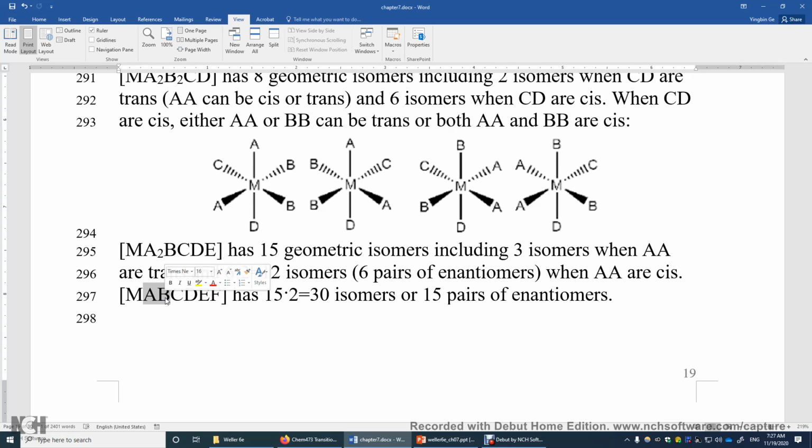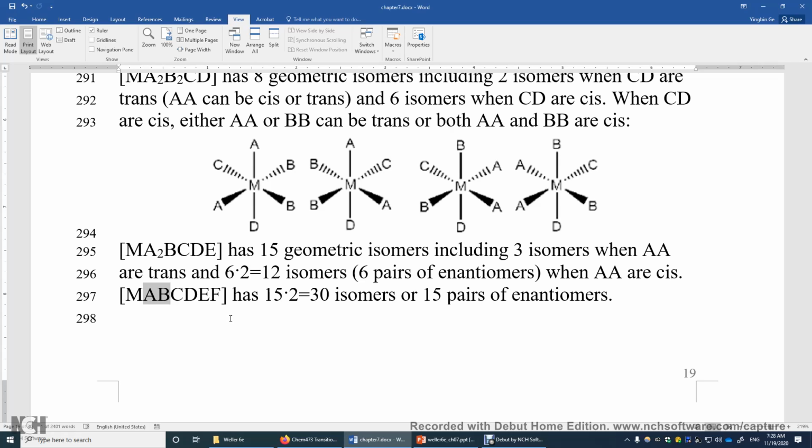And then there are 4 ligands left, and we need to put them in the middle plane. Let's say the other 4 are C, D, E, F, and then CD can be trans, CE can be trans, CF can be trans, right? So there are 3 more options. So once you made the decision which ligand should be on the opposite side to A, you have 5 options.